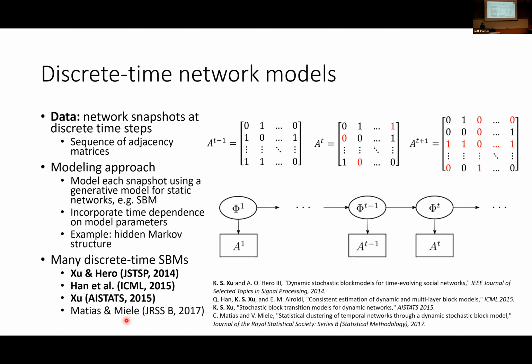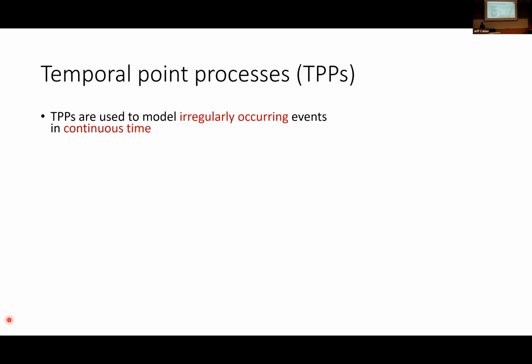And then most of the work in this area now is very theoretical, trying to establish under what conditions we can recover your parameters exactly. So that's the discrete time setting. There was a lot of model innovation there, I would say, 5 to 8 years ago. I want to talk about continuous time today.